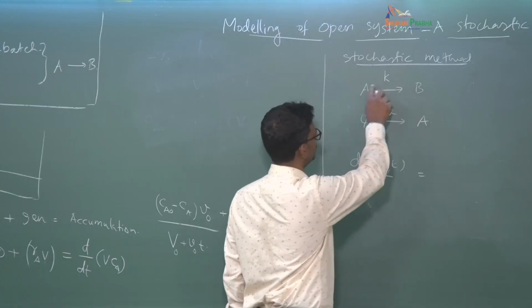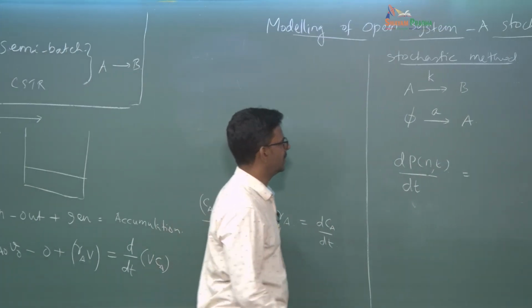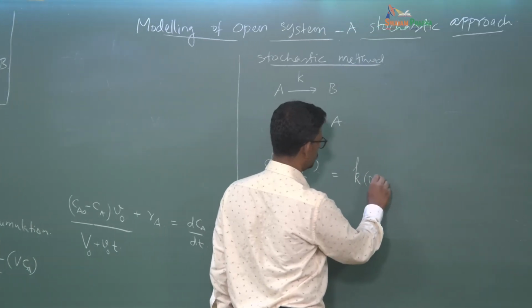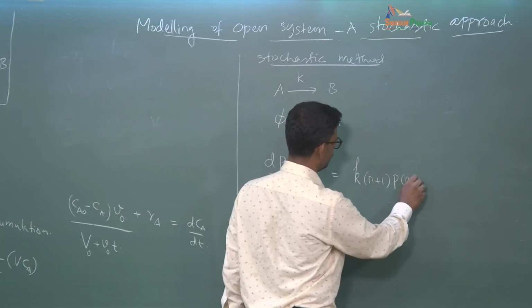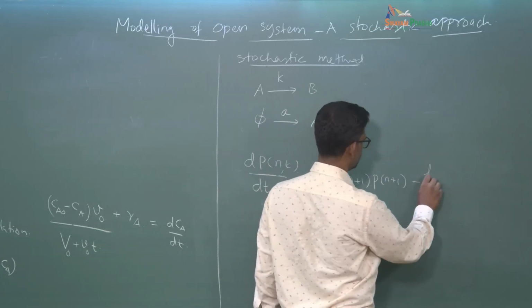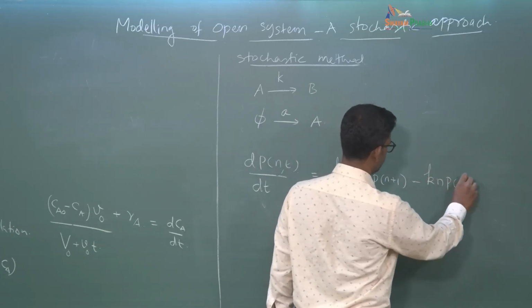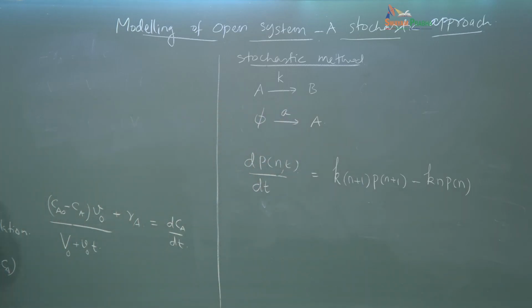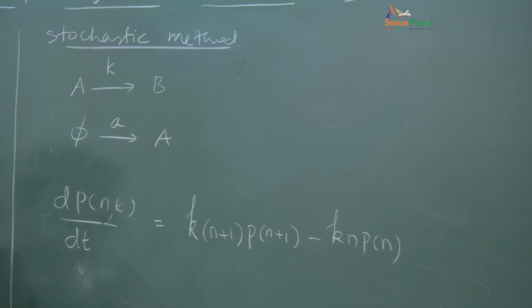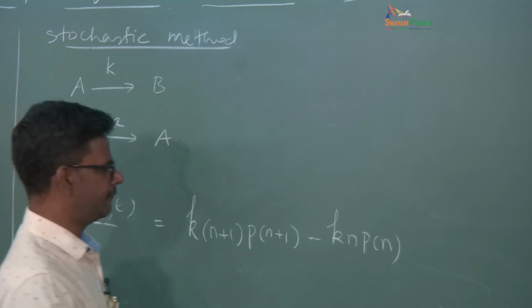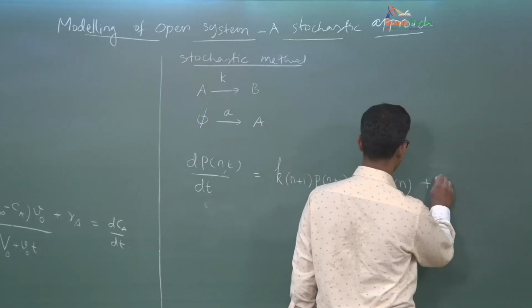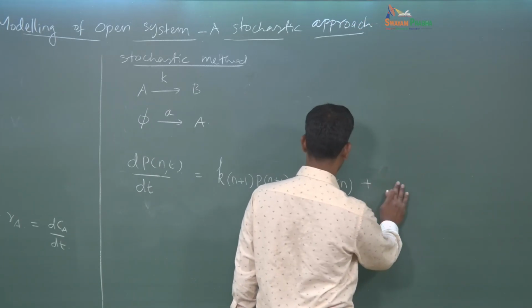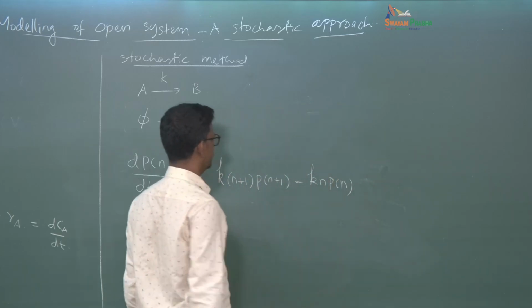So first for this reaction we write K times (n plus 1) P of (n plus 1) minus Kn P of n, and then we also have only two terms there.